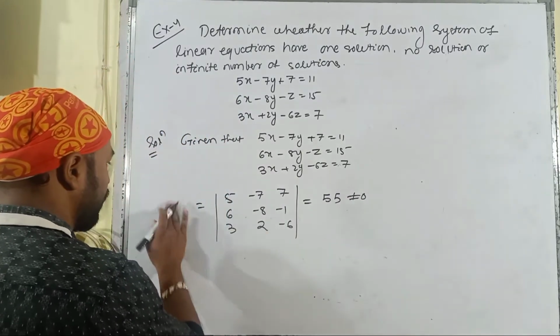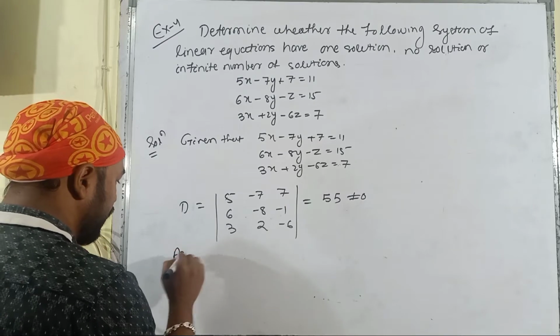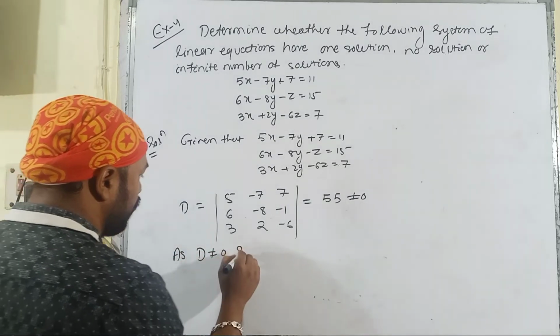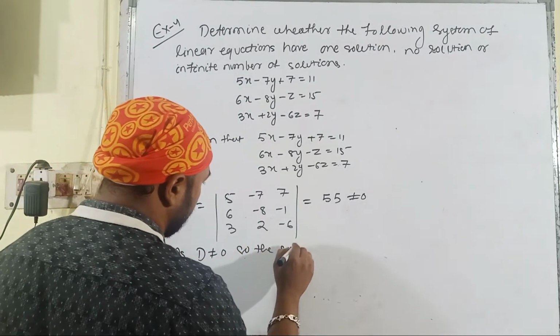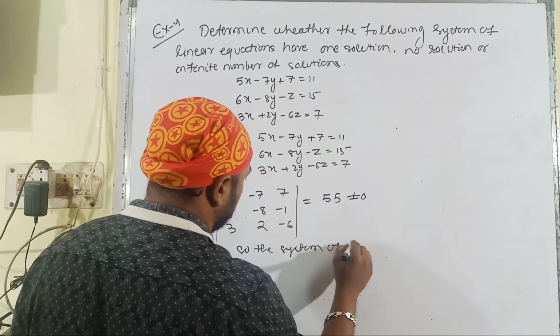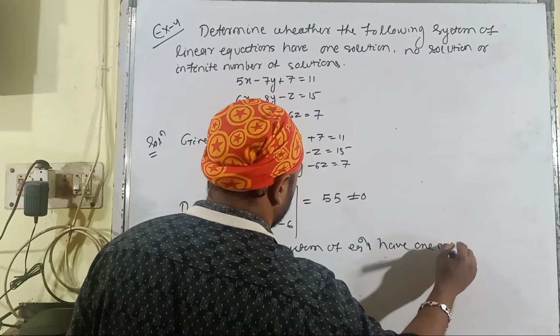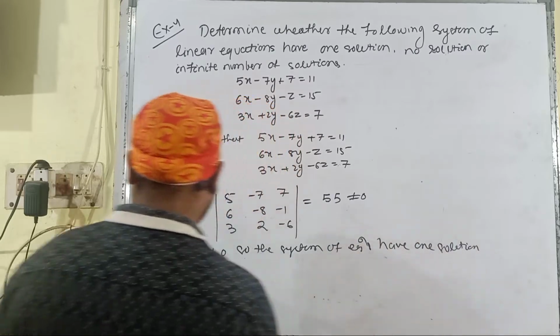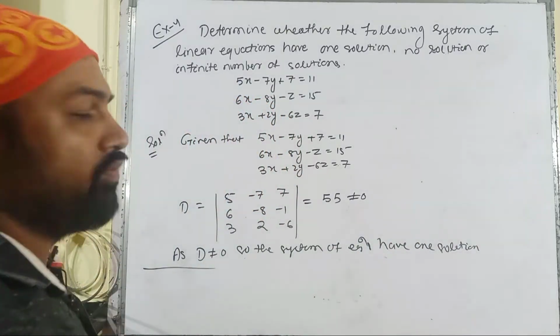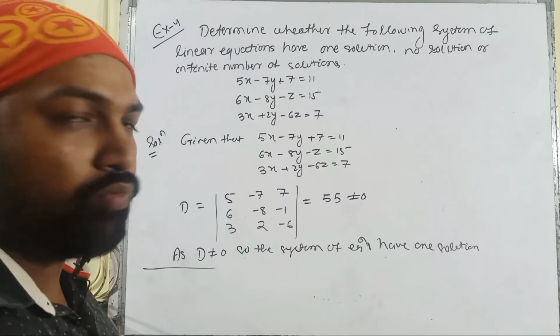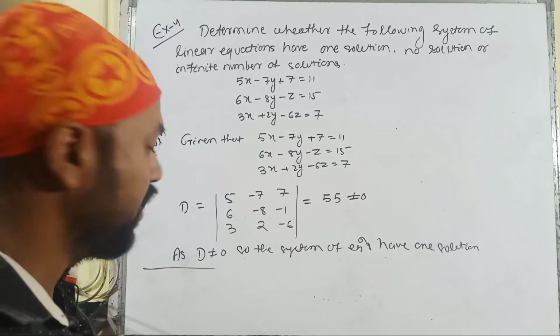As you can write down here, D not equal to 0, so the system of equations has one solution. Suppose we are going to find out the solution of the system of linear equations.